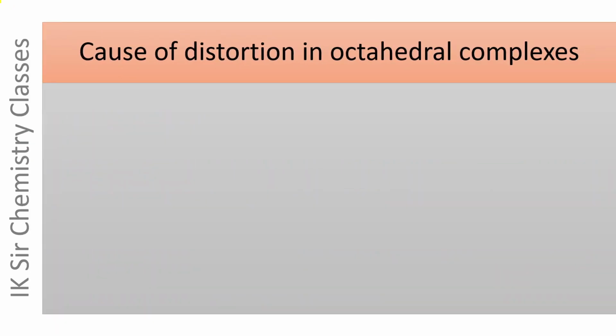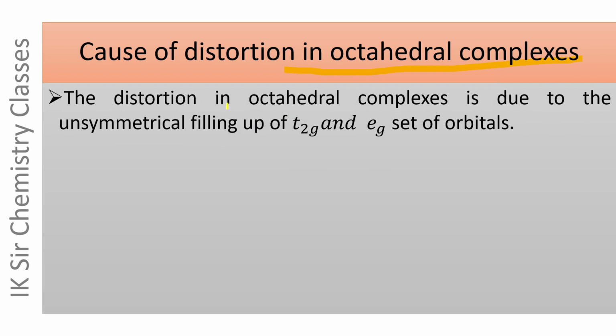Let us see now the cause of distortion in octahedral complexes. The distortion in octahedral complexes is due to the unsymmetrical filling up of t2g and eg set of orbitals.